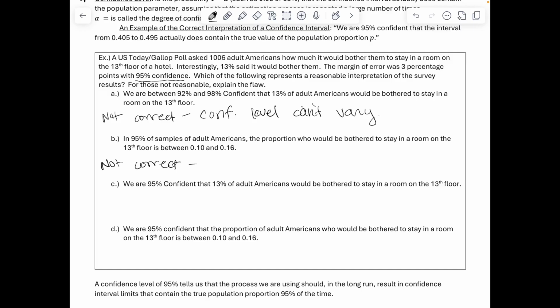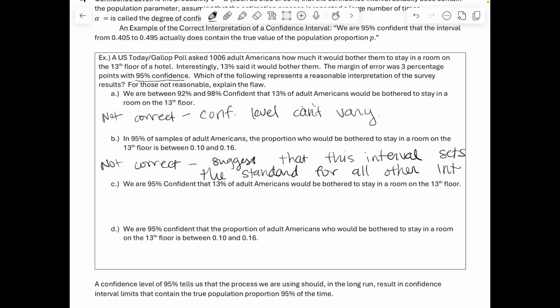If we were to sample in another area, they might not have the same beliefs and the same problem with staying on the 13th floor.